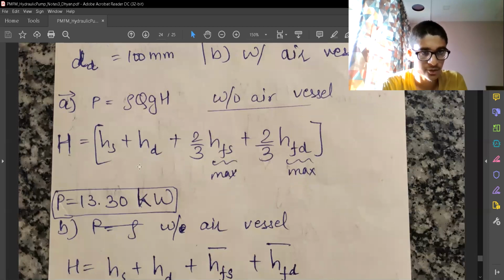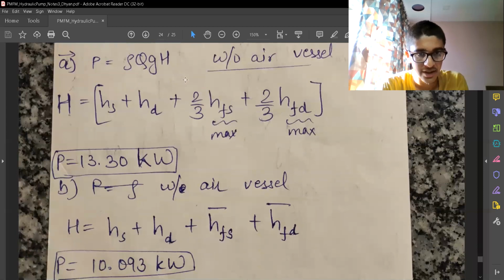You must just remember what the change in the head is going to be because of the air vessel, because of friction, and because of acceleration. There are not going to be any changes because of acceleration, as we have seen earlier. The head changes do happen, but they are not going to contribute to work done and power, so we are ignoring them. There are changes due to friction and changes due to the air vessel.